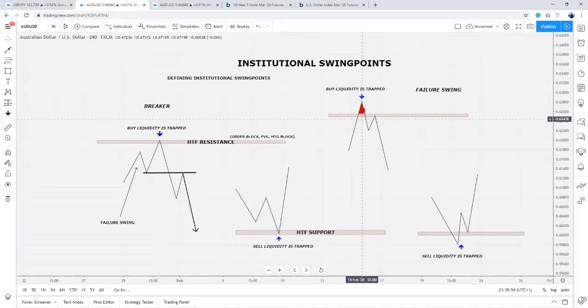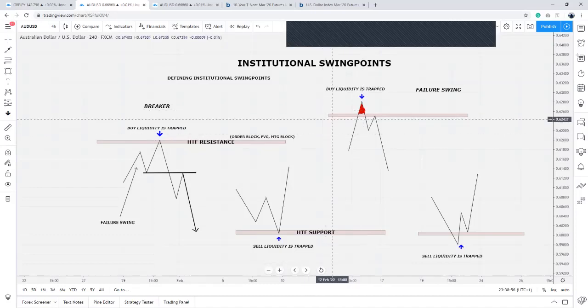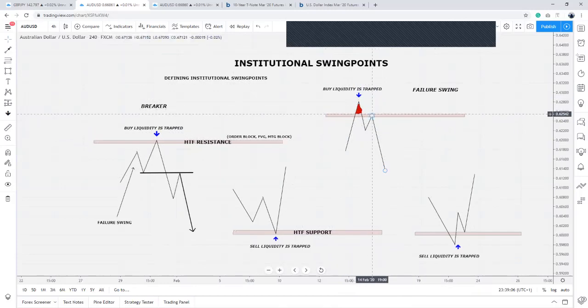So now, what is actually going to happen is around this higher time frame resistance level there are going to be pending buy stop orders resting around this level by the institutions and also by the collective herd of the retail mindset traders. So that creates liquidity for the central banks to reprice the market to the downside.